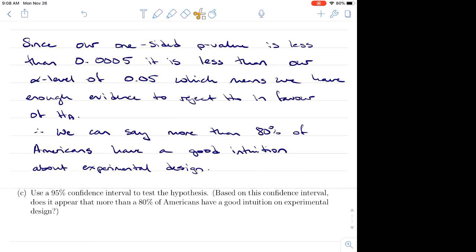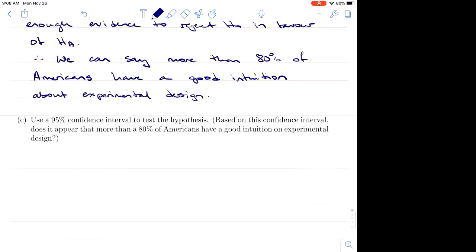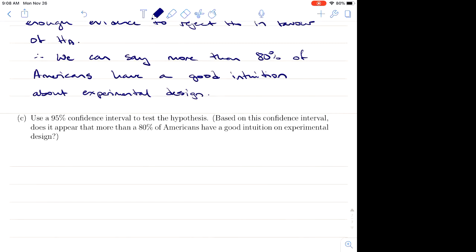But obviously our in-class examples, we cover both, but also on your assignment, I make you do both, just so you get comfortable doing both. And then on the final, it'll be one of the two. So use a 95% confidence interval to test the hypothesis.